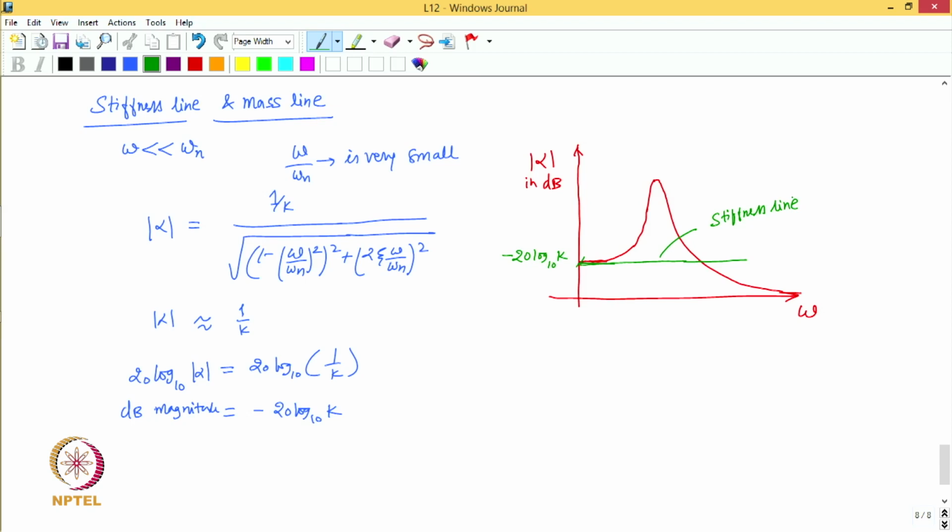This line approximates the behavior very well in this region, which we can roughly mark as the low frequency region. So this stiffness line is able to approximate the magnitude of the FRF reasonably well, and it forms an asymptote of the FRF magnitude plot in the low frequency range.